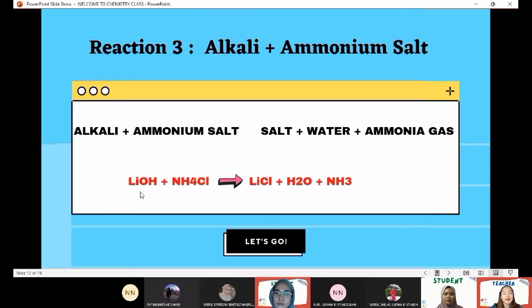For example, lithium hydroxide reacts with ammonium chloride, and then the products produced are lithium chloride, water, and ammonia gas. Make sure all the chemical equations that you form are balanced.